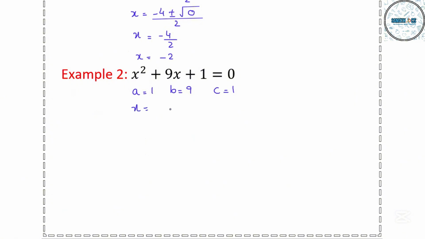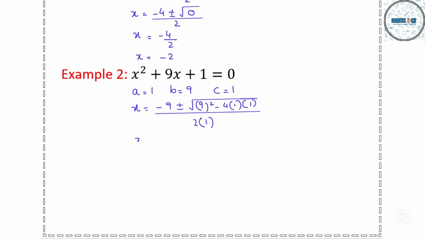X is equal to minus b, which means minus 9, plus minus under root b squared, which is 9 squared, minus 4 into a is 1 and c is also 1, divided by 2 into 1.